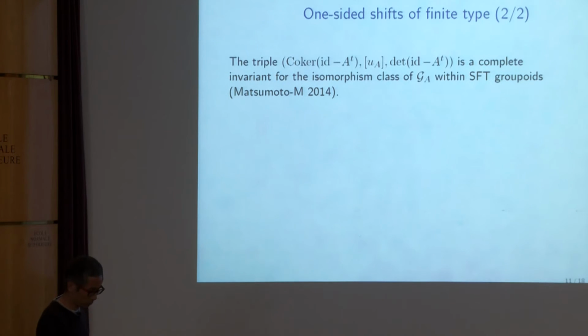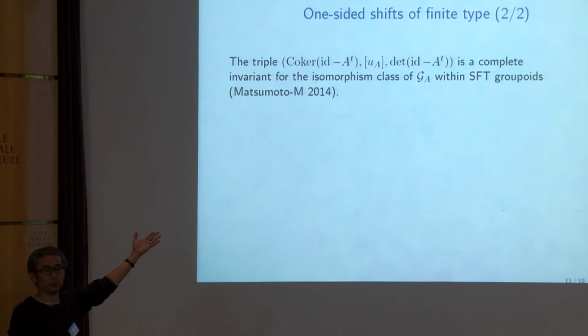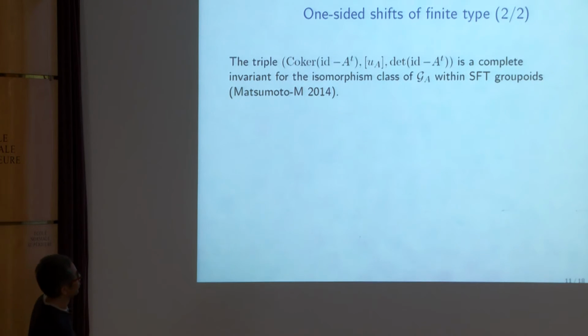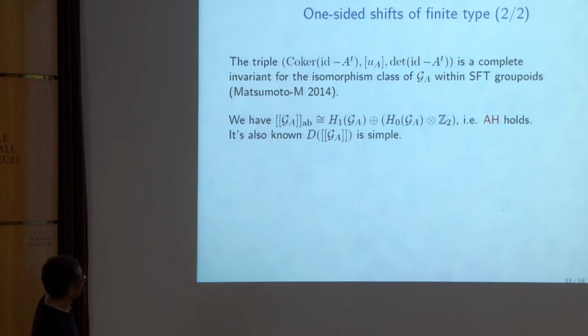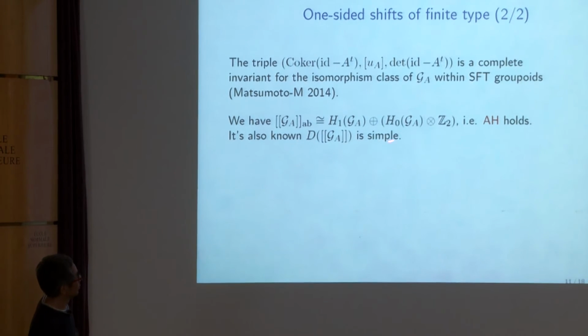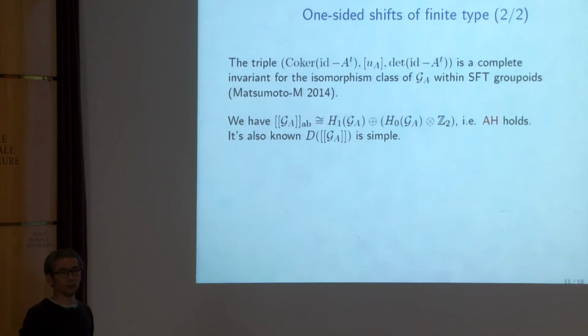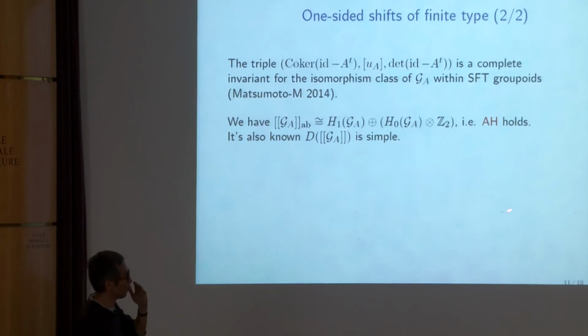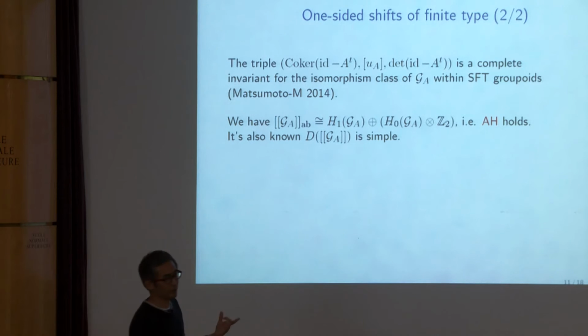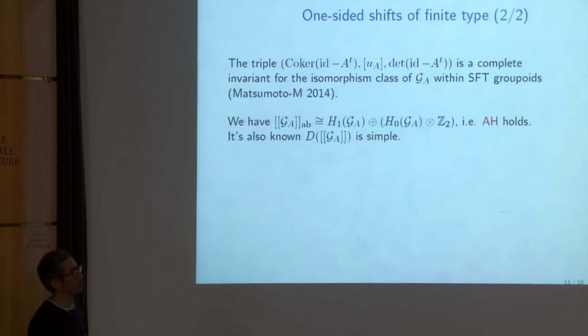So I have already classified these groupoids. And the abelianization is equal to this group, H1 plus H0 tensor Z2. So the AH conjecture holds, abelianization versus homology holds. And the commutator subgroup is simple.